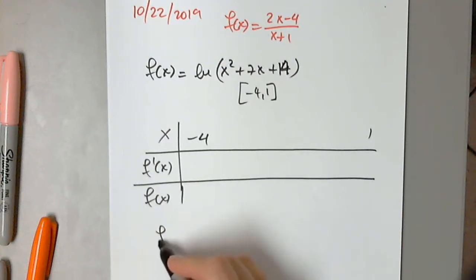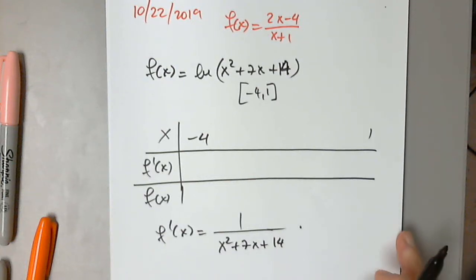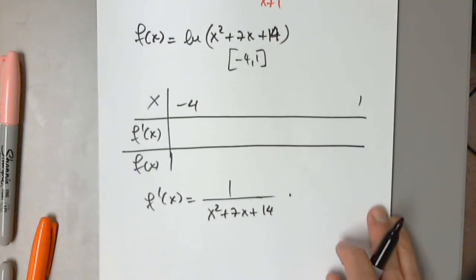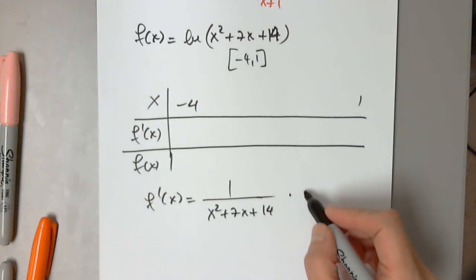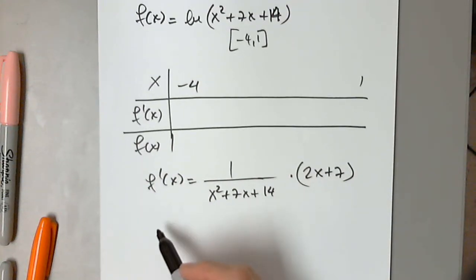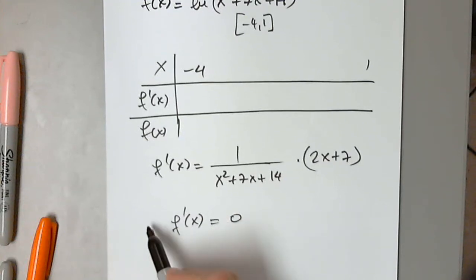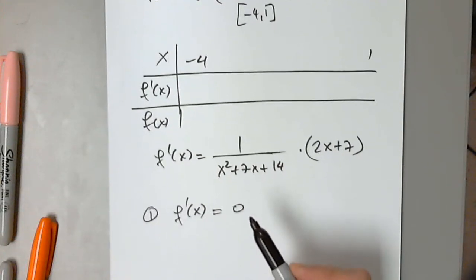So all we have to do is find the derivative, which is 1 over x squared plus 7x plus 14 times, can anyone help? Which is? Very good. And we have, remember, f prime of x has critical numbers coming from two sources. Potentially, it doesn't have to have any critical number.